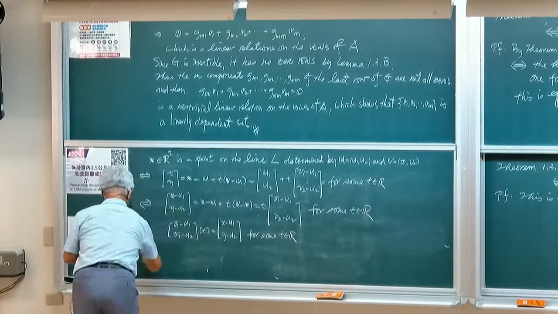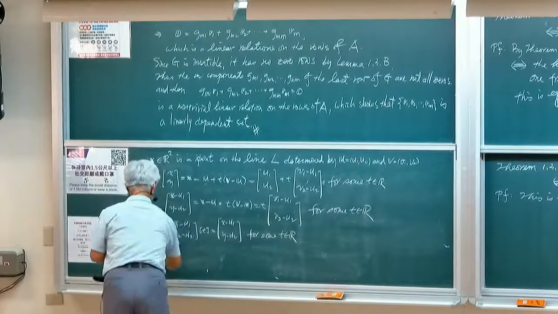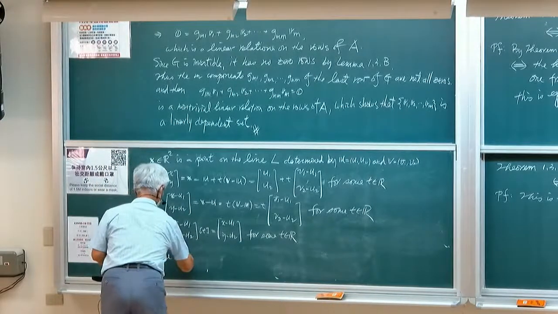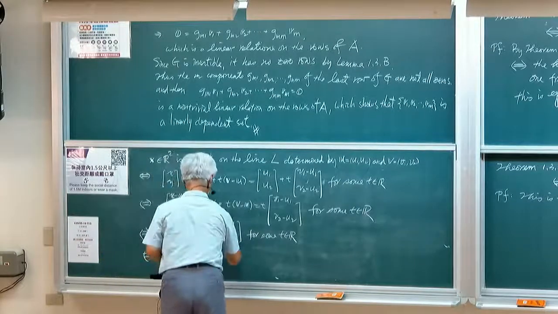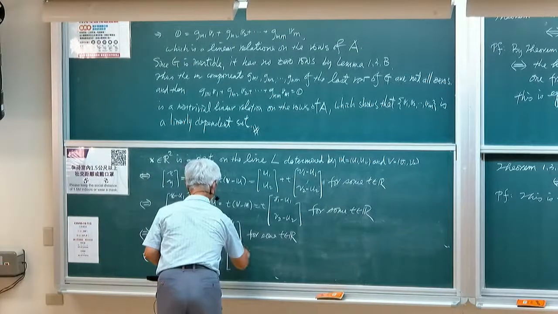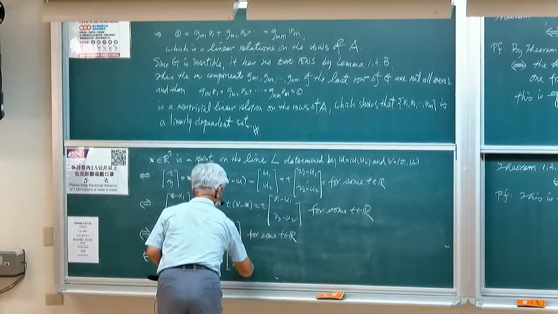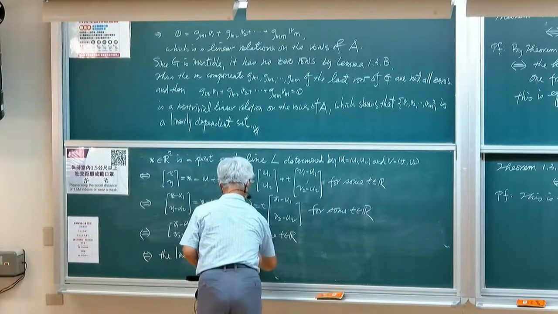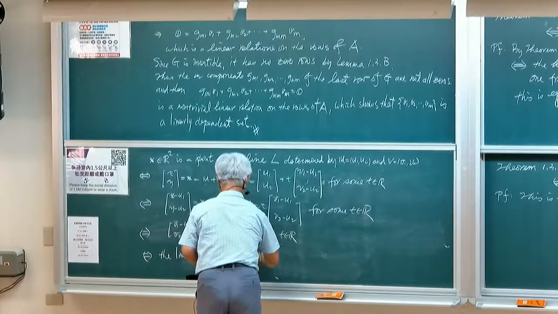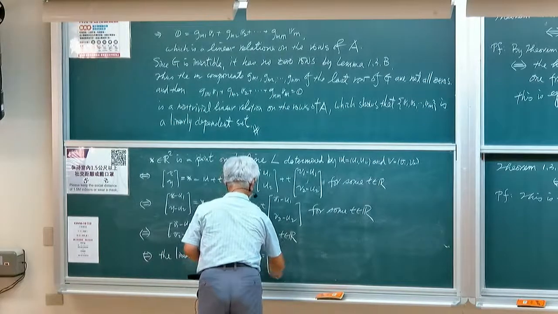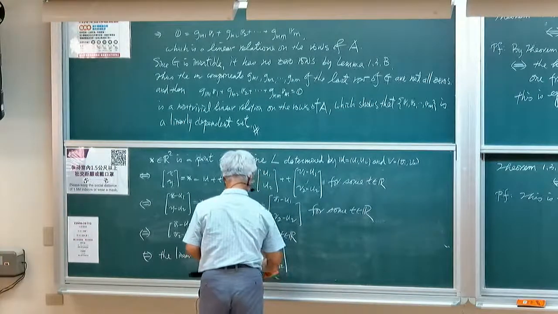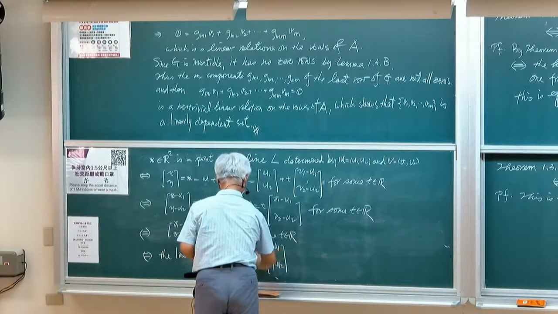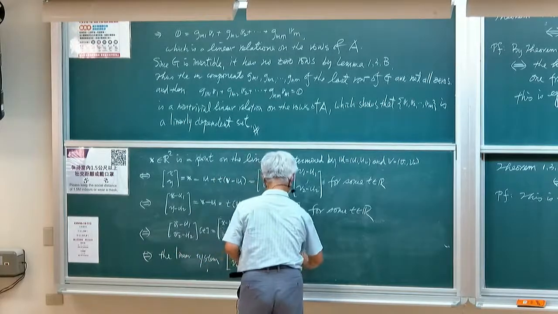So if and only if the linear system with coefficients v1 minus u1, v2 minus u2 is consistent.